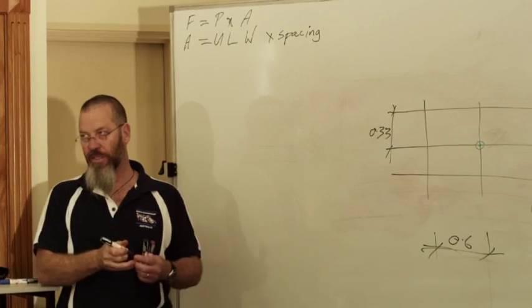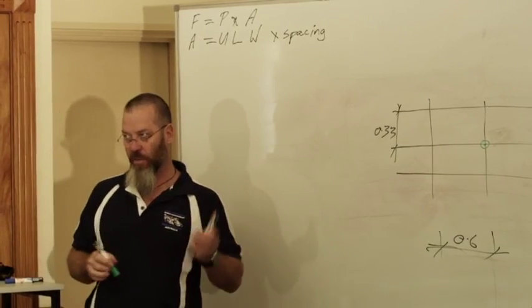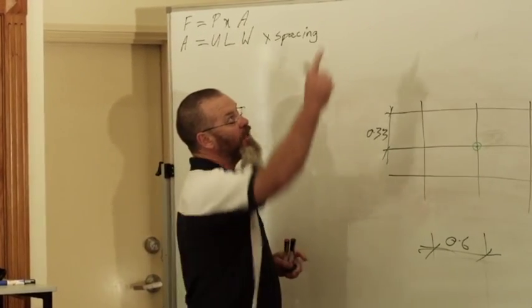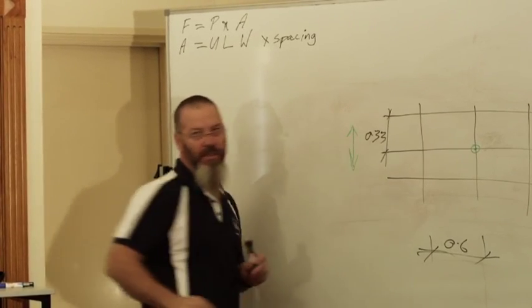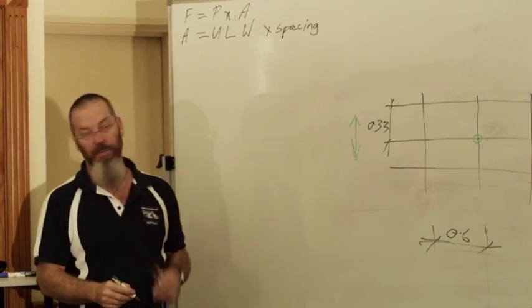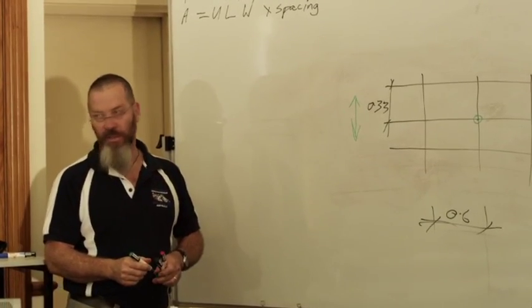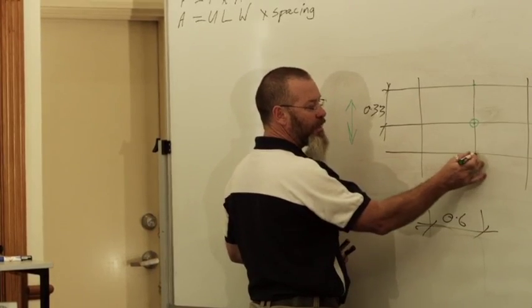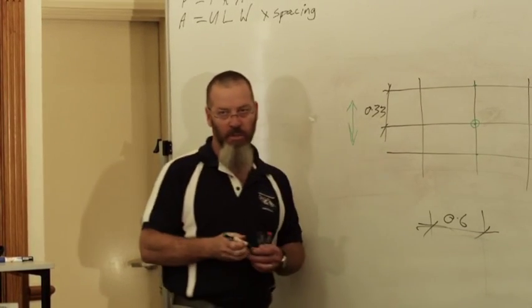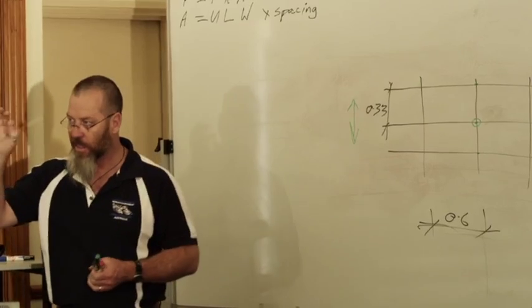Now believe me on this, the formula for ULW in this case, and ULW is parallel with the direction of the rafters, there it is up there, the rafters or the trusses, is half the distance between connections plus half the distance between connections. Now this is a key.